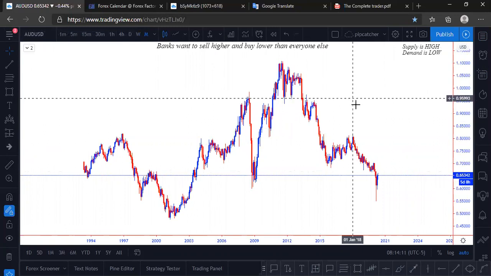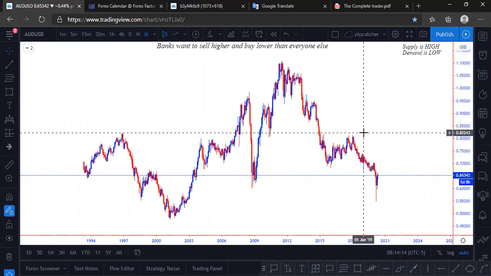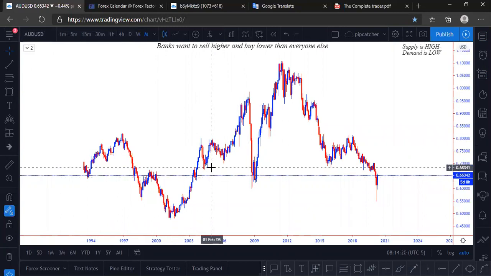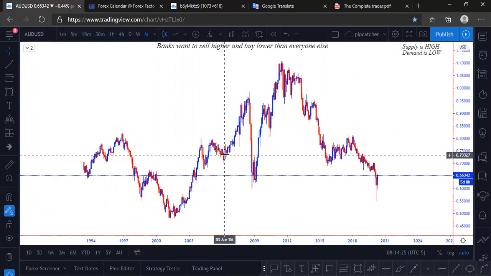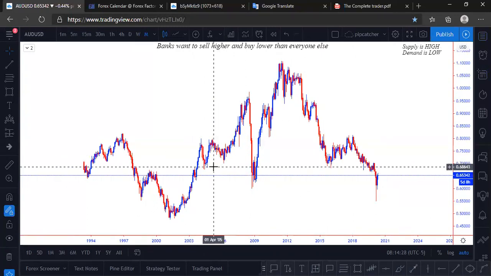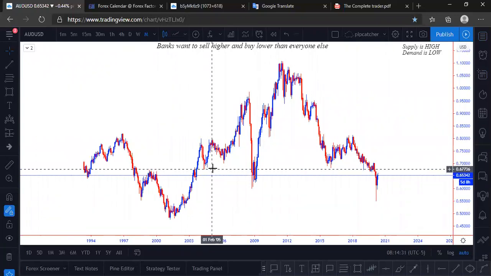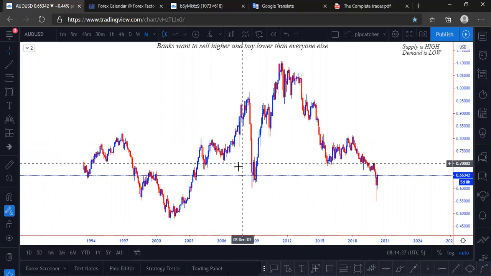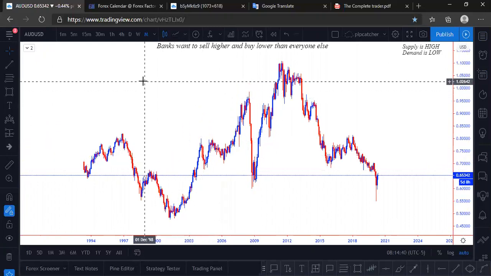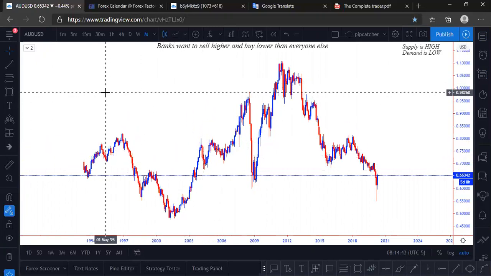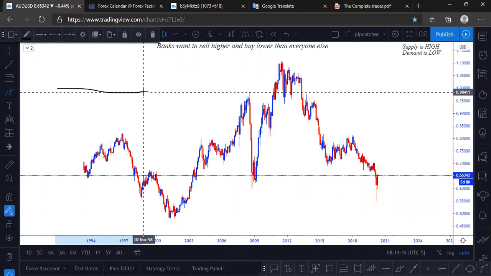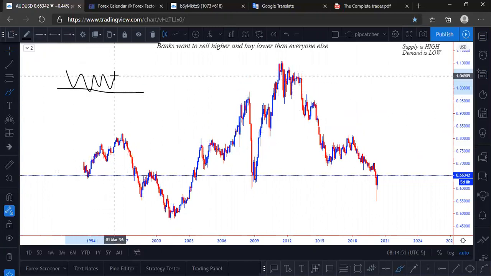You know, I don't trade support and resistance, because I believe that support and resistance really doesn't truly exist. A lot of the times support and resistance zones get one of two things. So let's say you have your support zone here, and there's all these touches, right?